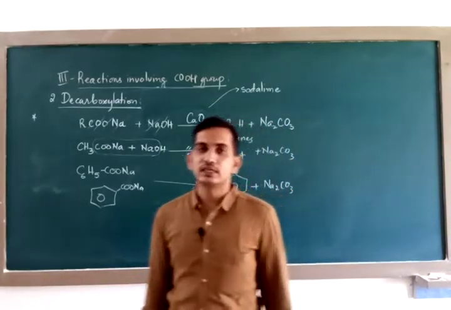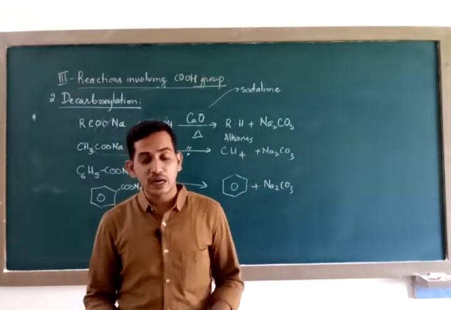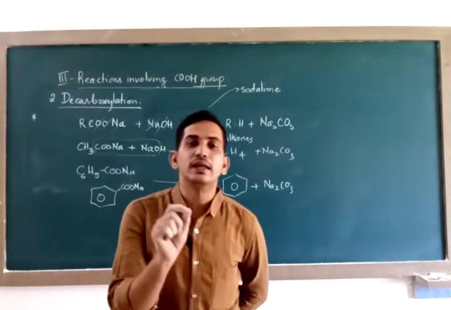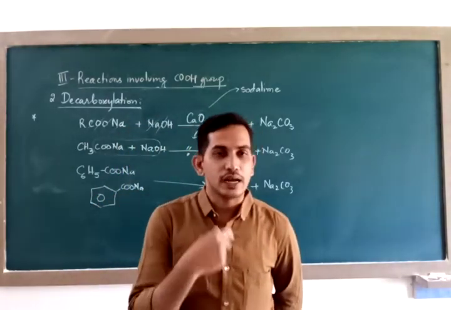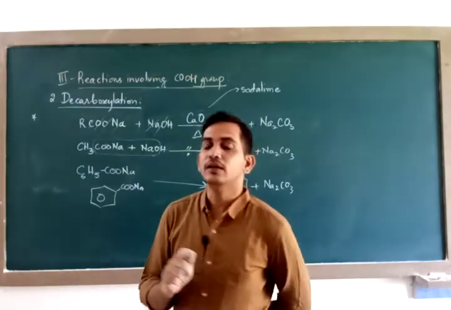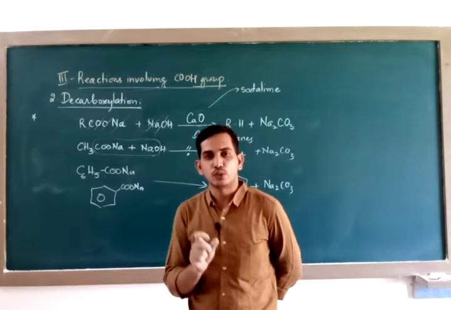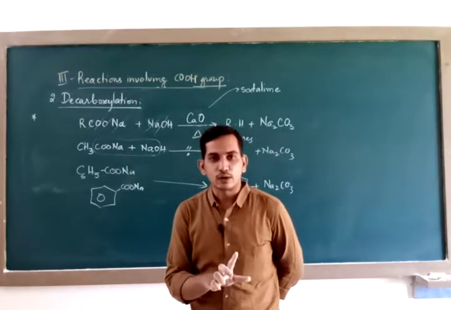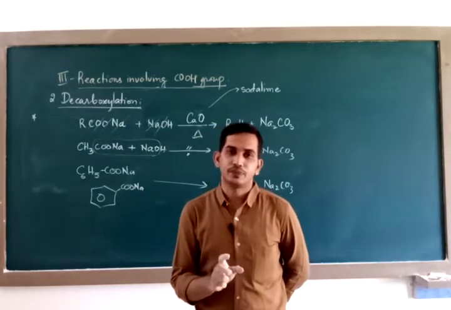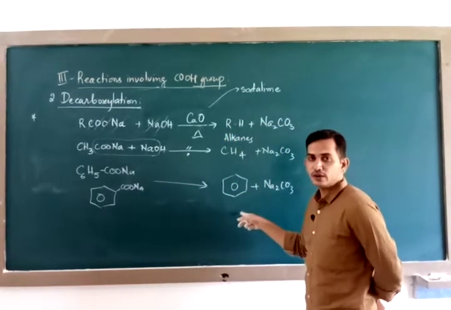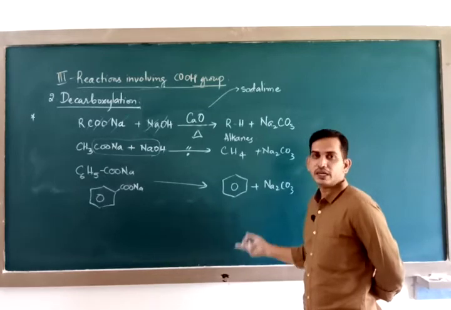It is for this reason, while writing statement of decarboxylation, do not use that specific word alkane. I'll repeat the statement, listen properly. Whenever sodium salts of carboxylic acids are heated with soda lime, alkanes are obtained. This statement is wrong because you may or may not get alkane. Here you did not get alkane, you got an aromatic hydrocarbon.